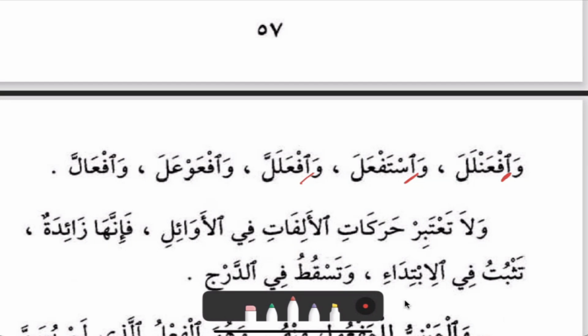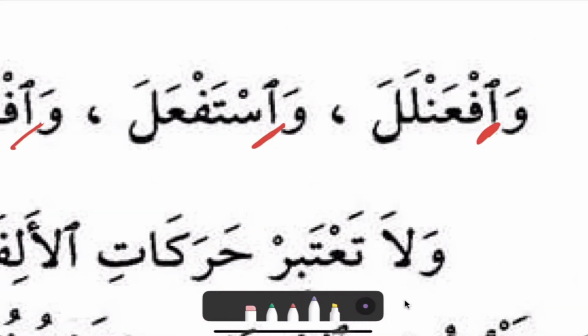Because he told us, the past tense verb configured for the doer starts with a fatha, or the first voweled letter starts with a fatha. So why did he say the first voweled letter? Because here, you're not going to count this alif, so don't count that.